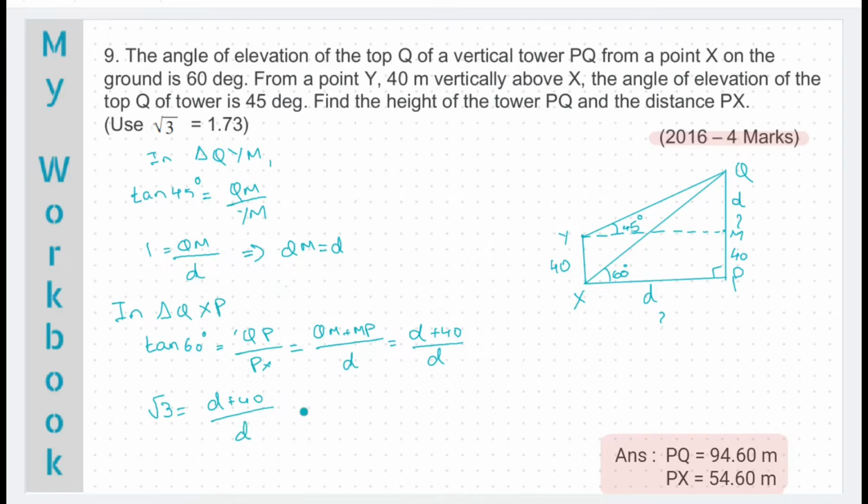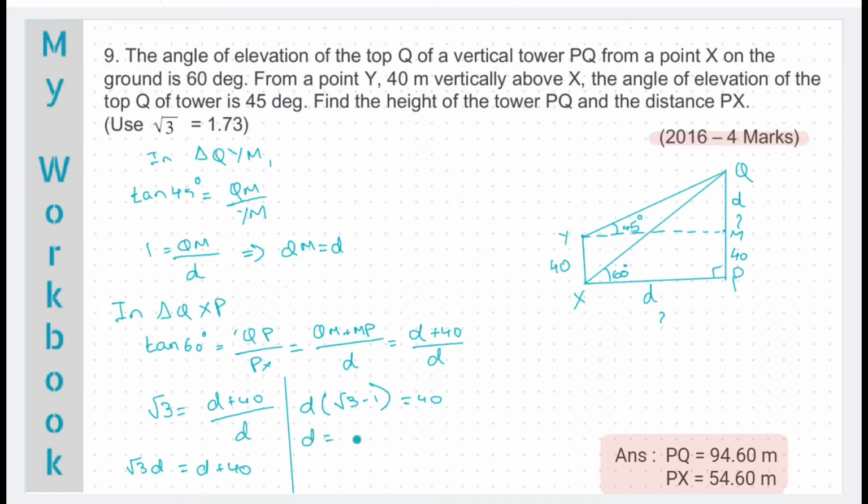If we cross multiply and solve this equation, we can get the value of D. Root 3 D is equal to D plus 40. D into root 3 minus 1 is equal to 40.